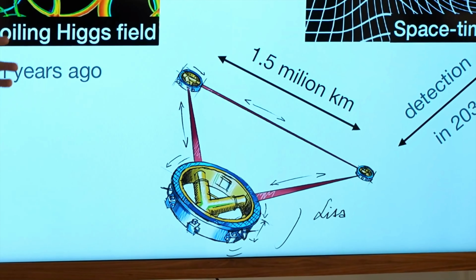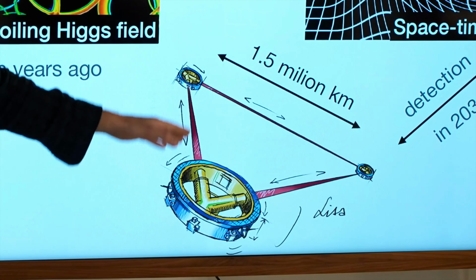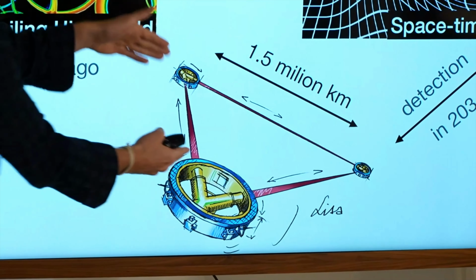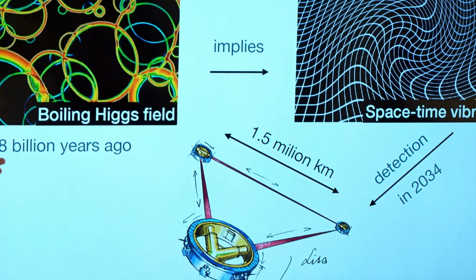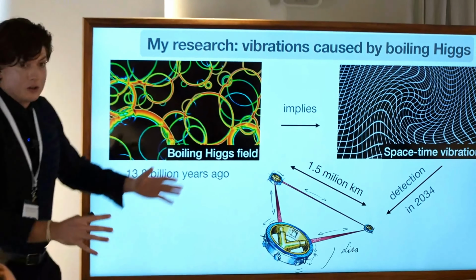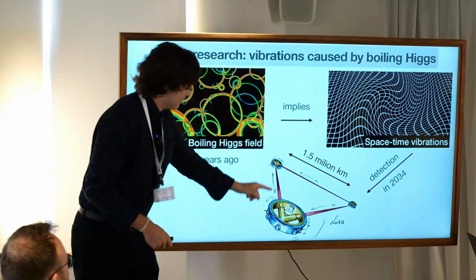That's the best laser created by human beings. They measure very precisely the 3 distances of that triangle. Now, if space-time vibrates, the distance will vary over time, will oscillate. And the lasers are here to detect any possible variation of the distance of that triangle.